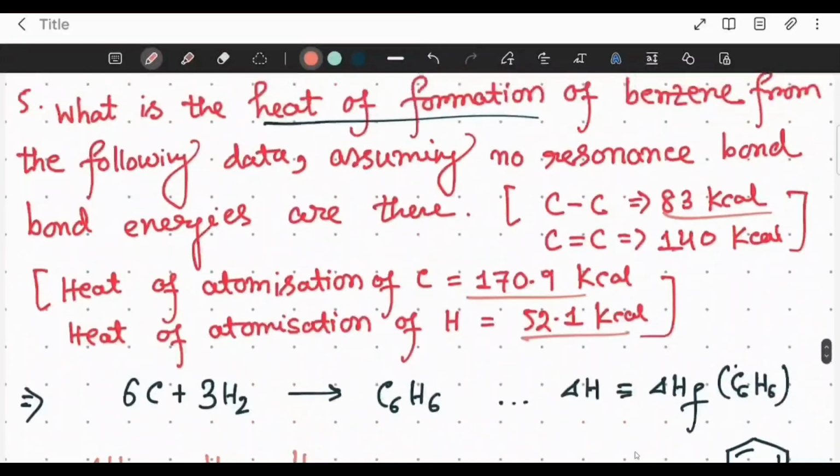Okay, one more piece of information was there, sorry. That is the CH bond energy is also given. That is also required. Otherwise, we can't solve this question. And that is 99.